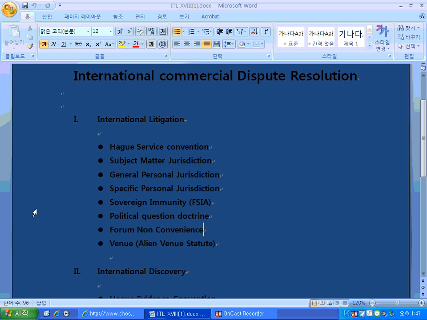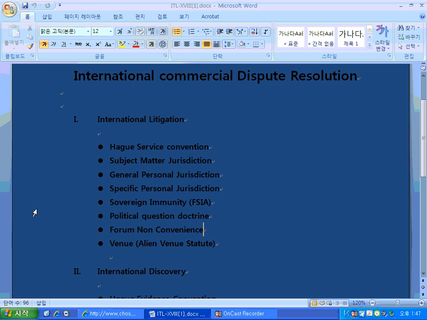Actually, how to design the contract and what terms and conditions may be negotiated and reduced into writing is of primacy and very essential to preserve the commercial and trade interests pursued by both parties. So we now know the two types of dispute resolution that could be exploited by business people: international litigation and commercial arbitration.